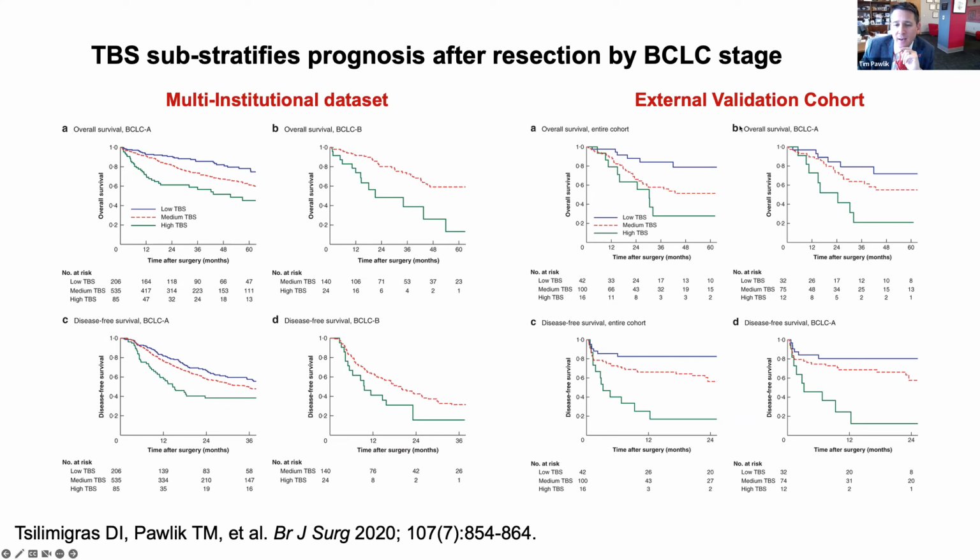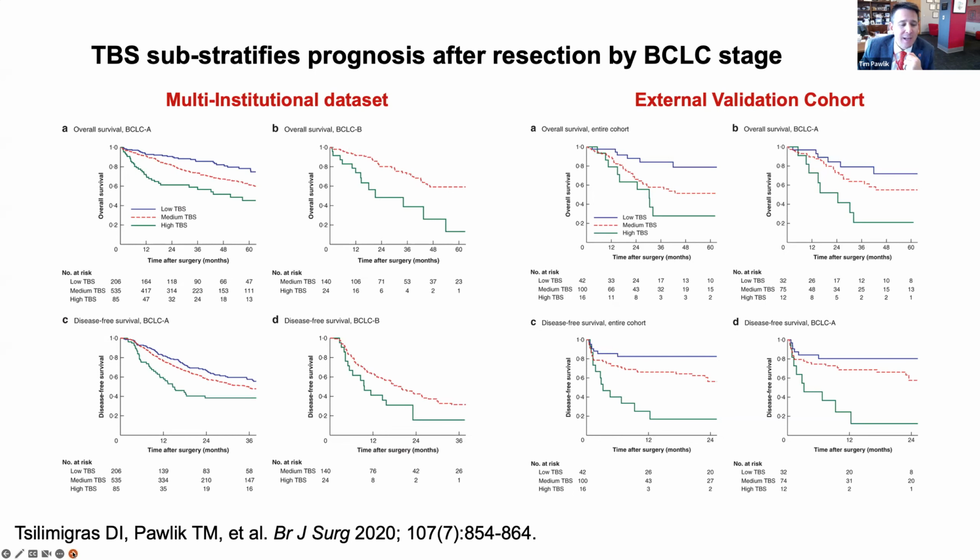We externally validated it. And that's why I think when you're considering patients with intermediate stage disease, I look at the AFP. Like I told you, if it's high, then I'm less likely to operate on those patients. And then I think also if they have a high tumor burden score, I'm less likely to operate on those patients.